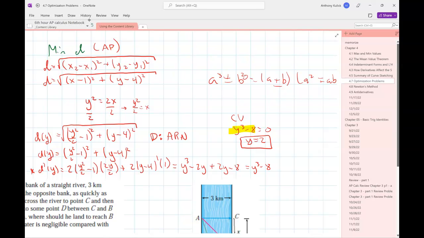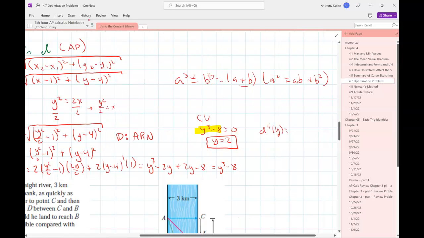I do the second derivative in this case because it's super easy to get. It's just going to be the derivative of y cubed minus 8. And I note that that's always positive. So this is a minimum.